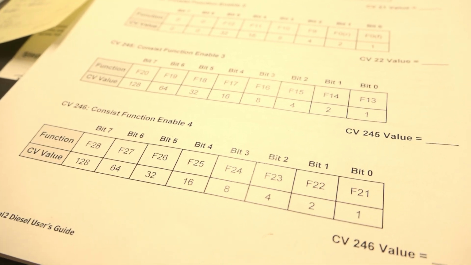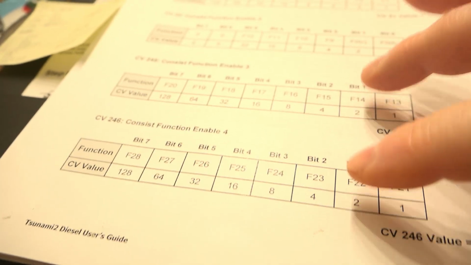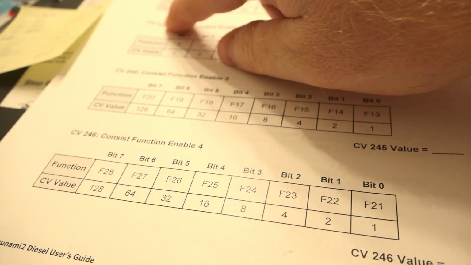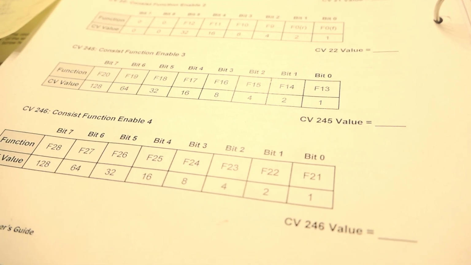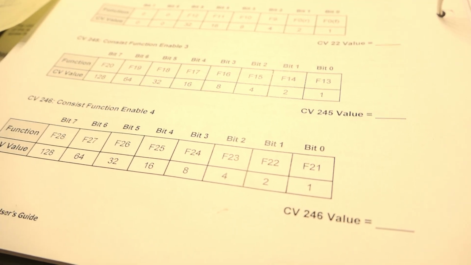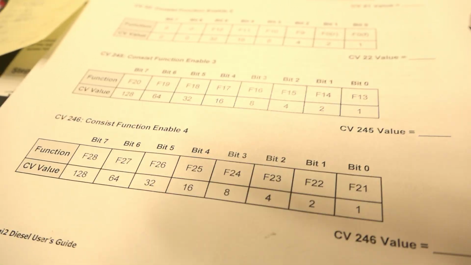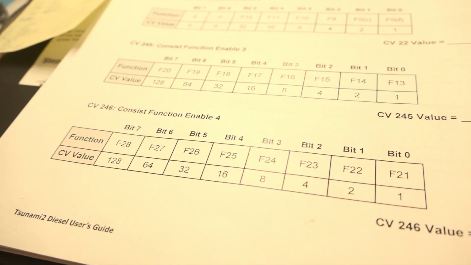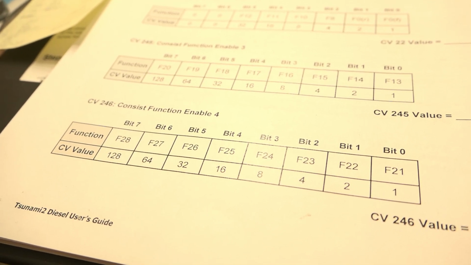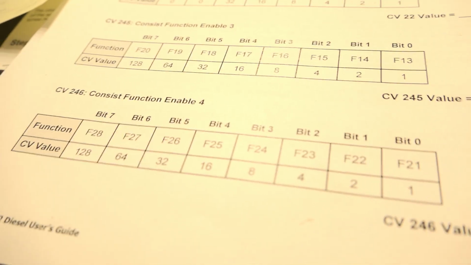Some may go 1 or 2 higher. So that's why they couldn't just pick 23. It's already been used. That was something set as a standard under the National Railroad Modeling Association. So now we have to go up into the higher areas to set those values. And hopefully that makes sense.